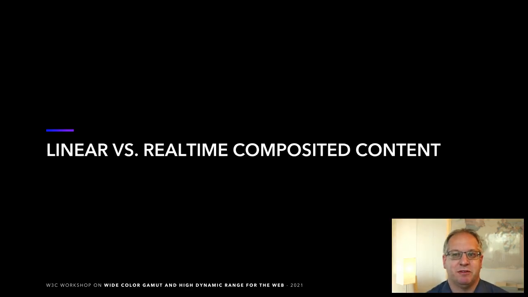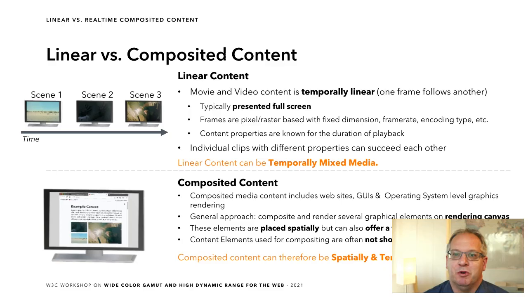Okay, let's start by first identifying the fundamental differences between linear and composited pipelines. Movies and video can be classified as linear content as it is played back from a start to a finish point, where the individual frames of the content are played one after the other. The most common presentation form is where the content covers the full screen, where we maintain, for example, a constant image dimension, frame rate, or encoding type.